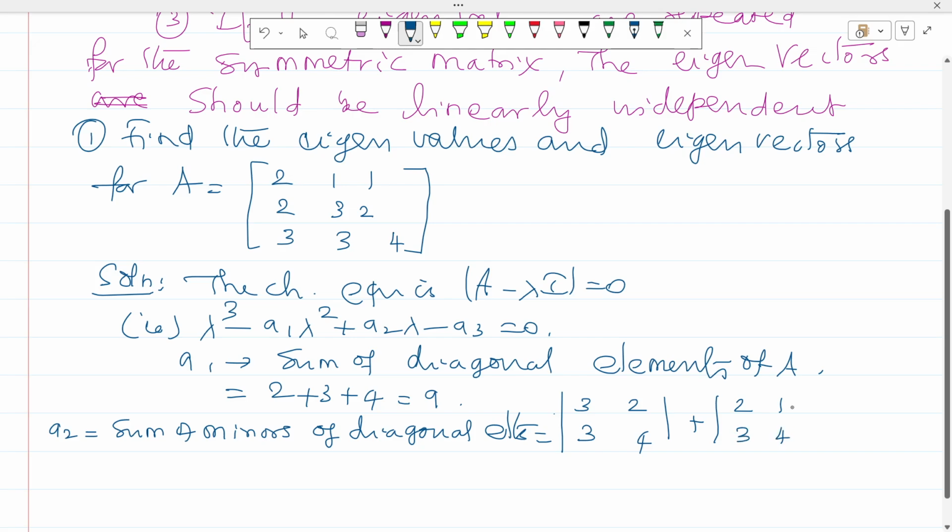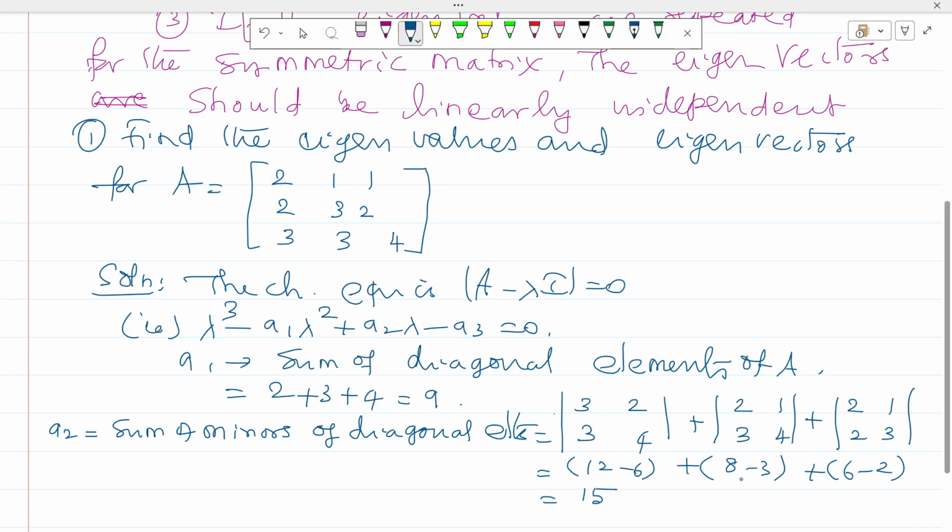When you are writing this, you have to very carefully write the minors. So here you will get 12 minus 6 plus 8 minus 3 plus 6 minus 2. So this value is 6 plus 5, 11, 11 plus 4, 15.